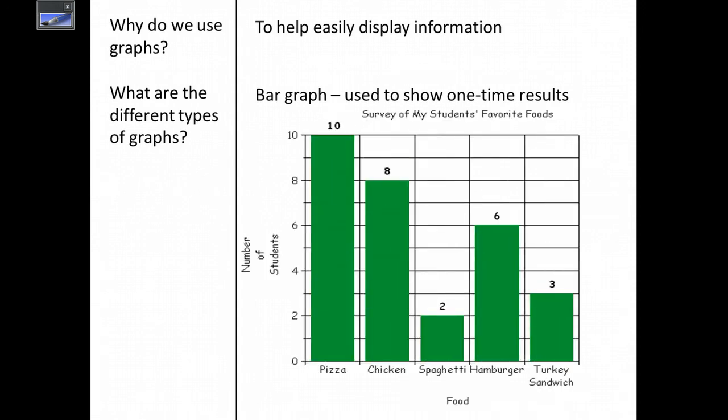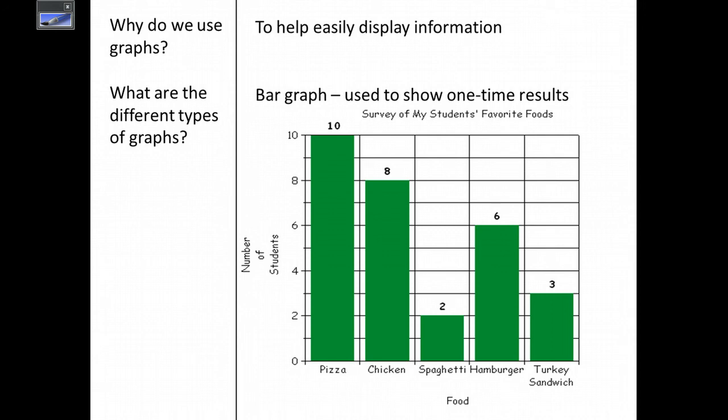Here would be an example. I asked all my friends their favorite kinds of foods, and it does not take but a second or 2 to see that pizza won. Most of my friends said they liked pizza. Well, spaghetti got the fewest votes, but it got more votes than a lot of stuff that didn't get any votes, so it's not that spaghetti is unpopular, it's just that of the 5, it got the least amount of votes.